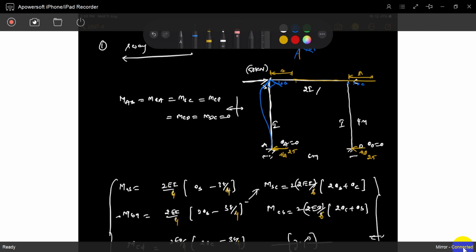Clockwise slope. See, clockwise slope. It was there in the previous one. Clockwise means it will come like this, no? Clockwise slope it has to give.